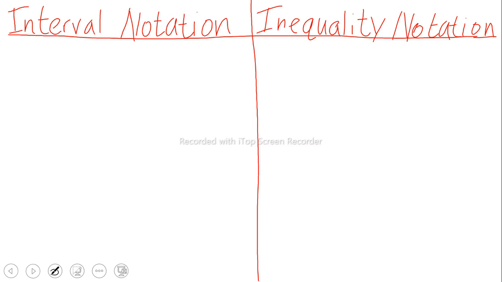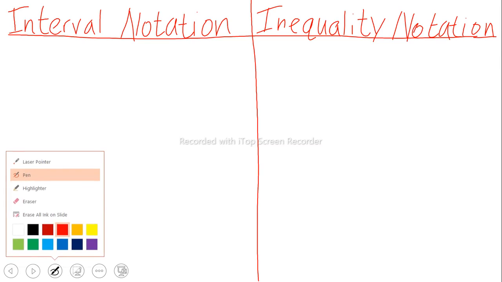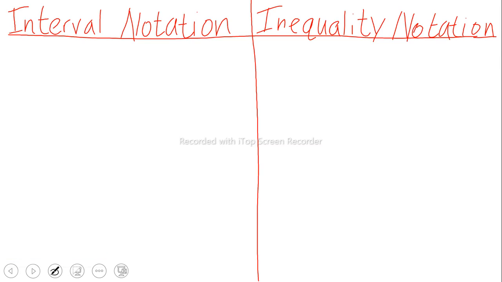So, interval notation and inequality notation. Okay, so what do we do here? Well, let's say for example we have -2, comma, 5.